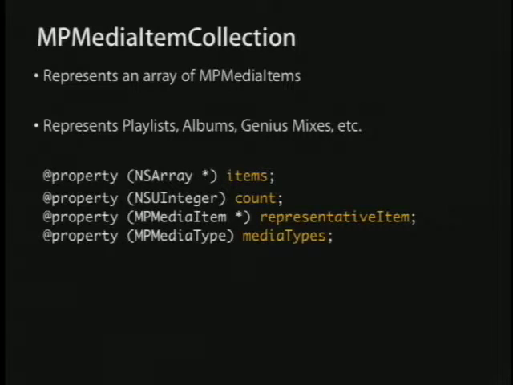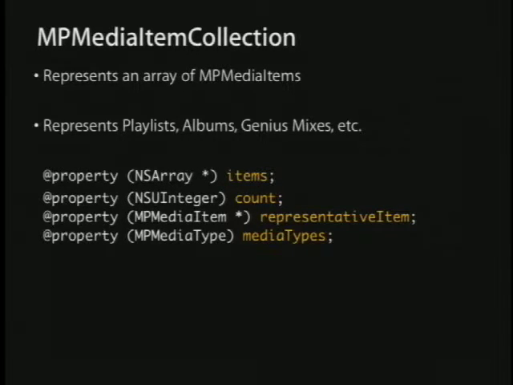And here are some properties on it. You can get a collection, and you can get the items off of that, and it'll return you an array. You can ask for the count. You can ask for something called the representative item. Let's say you get a playlist that's a Genius playlist. The representative item would be the song that was used to create that Genius playlist.